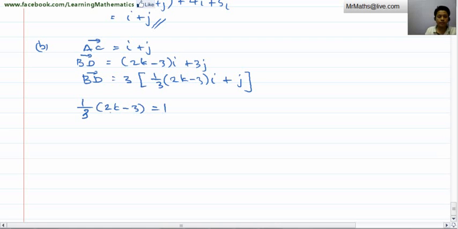Then 2k minus 3 is equal to 3, because we move 3 over to the right. Then 2k is equal to 6 and k is equal to 3.